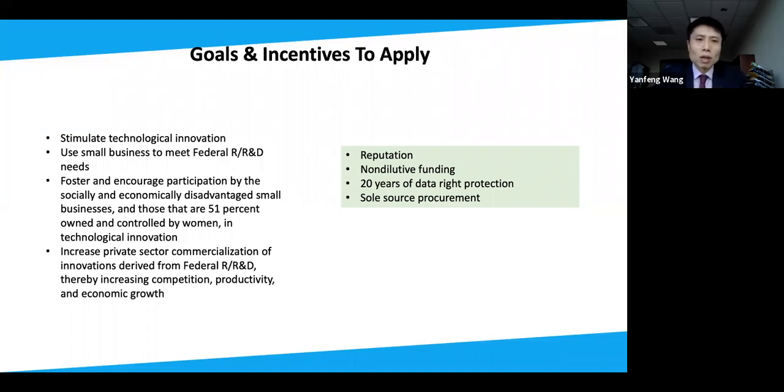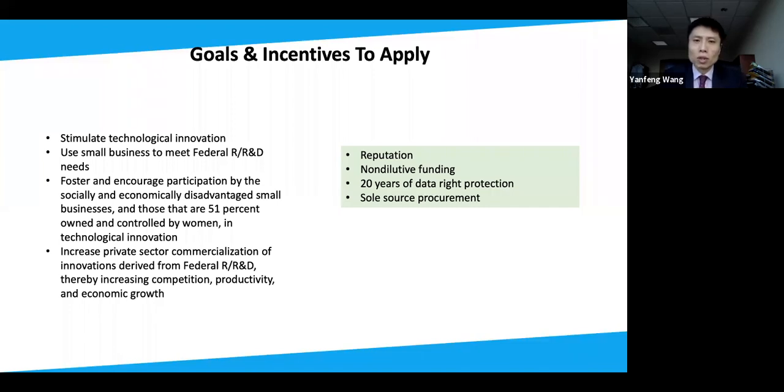Every year, the federal government makes a lot of procurement from the private sector, some of them from big corporations, and some of them from smaller companies. A lot of startups have excellent technology, but they do need help to eventually become a vendor and contractor for the federal government. We will see the importance of this in a later slide.